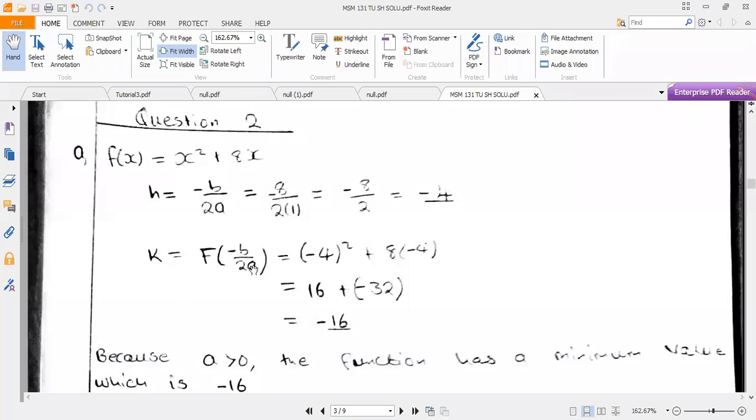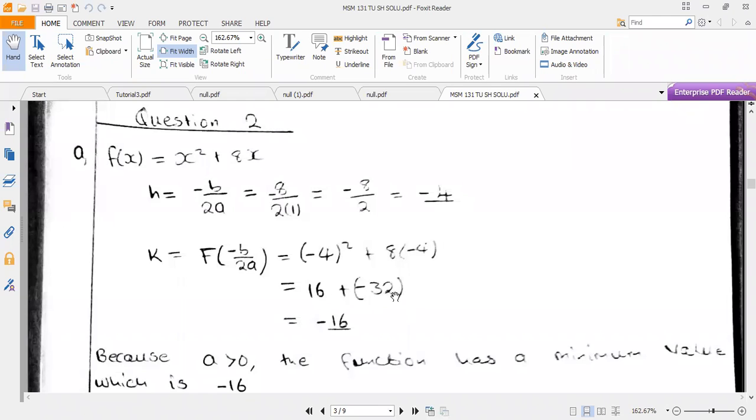Since h is negative 4, to find k we find f of h, or f of negative b over 2a. We place negative 4 in the equation: negative 4 squared plus 8 times negative 4. Negative 4 squared is positive 16, and negative 4 times 8 is negative 32.